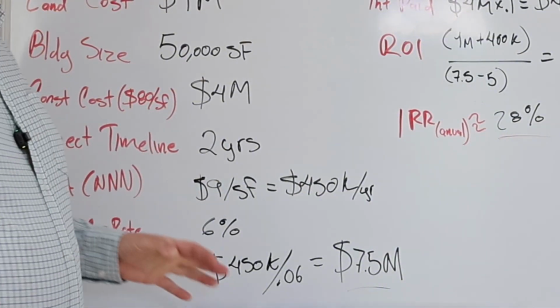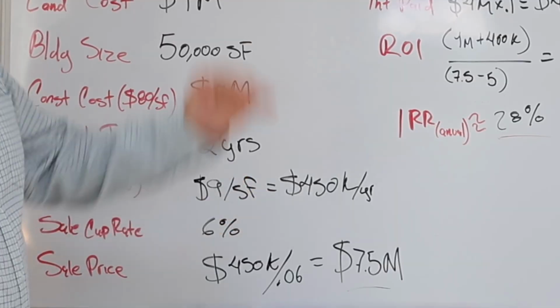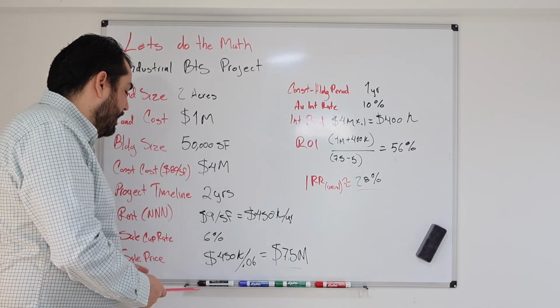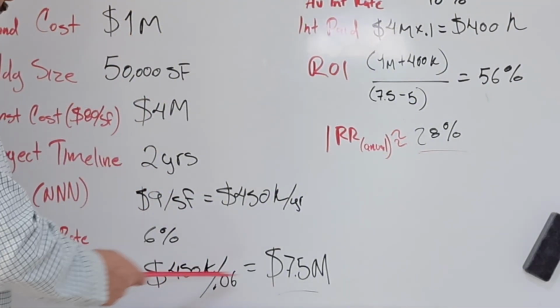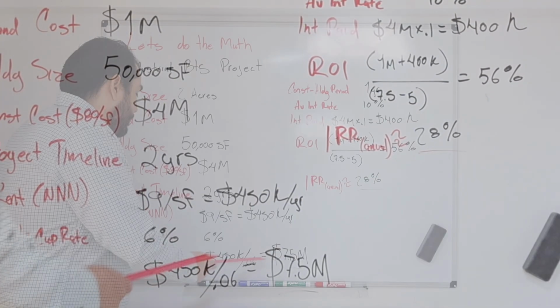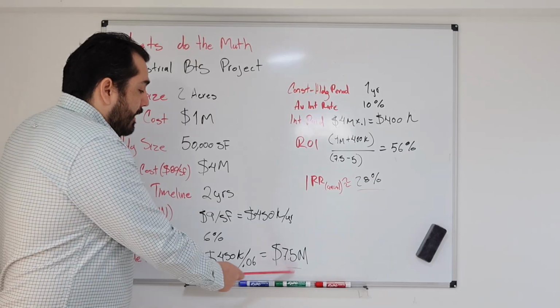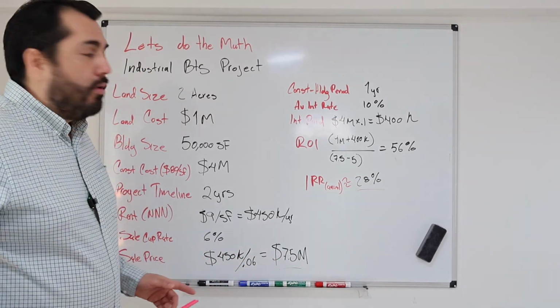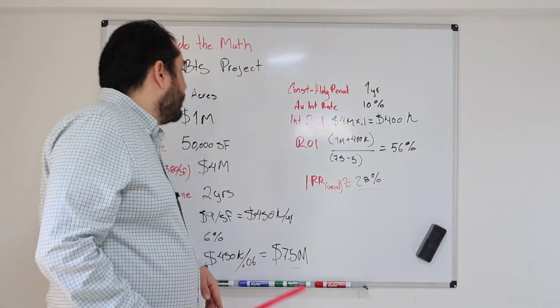So when you sell a new property, usually the cap rate compresses. And for the sale price, we just divide the annual net operating income by the cap rate, and that makes $7 million when we sell the property.